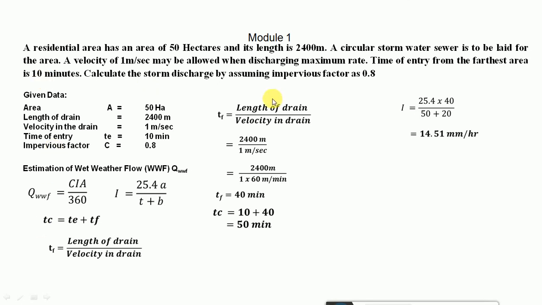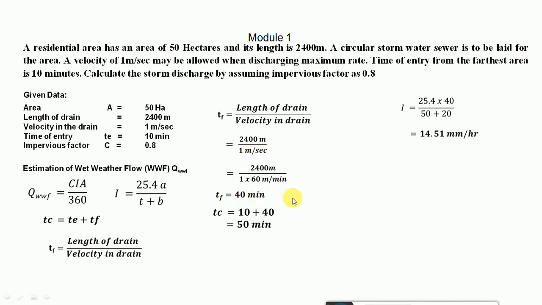The time of flow is given by the total length of the drain divided by the velocity in the drain. So we divide the total length of the drain, 2400 meter, by the velocity in the drain, 1 meter per second, and we obtain the time of flow as 40 minutes.